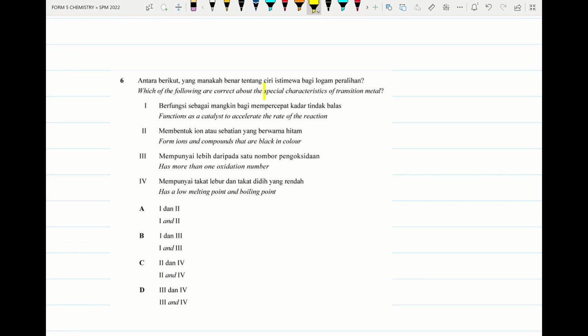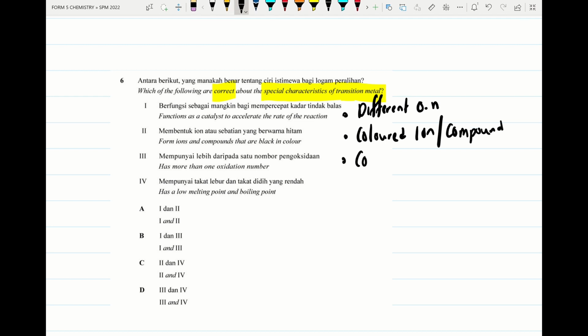Right, which of the following is correct about the special characteristics of transition metals? So transition metals show different oxidation numbers. They form colored ions or colored compounds. Right, and the transition elements also form complex ions.